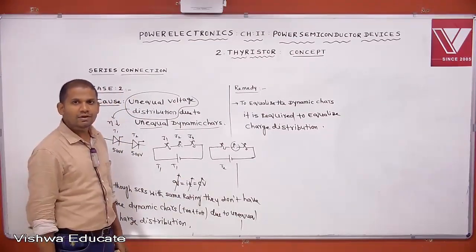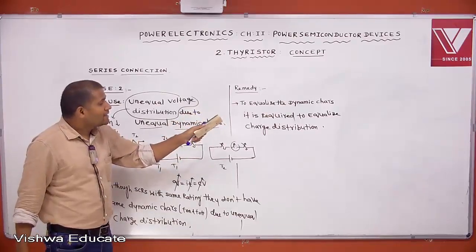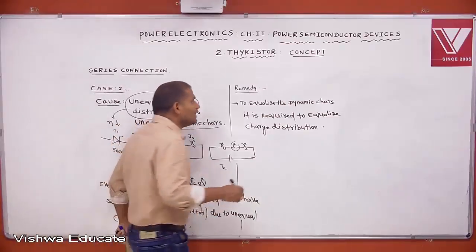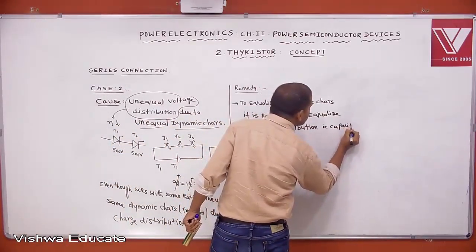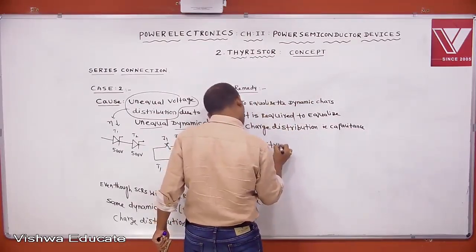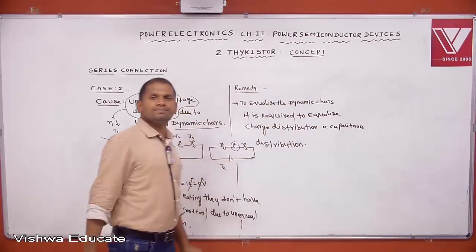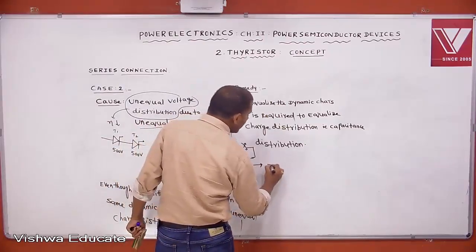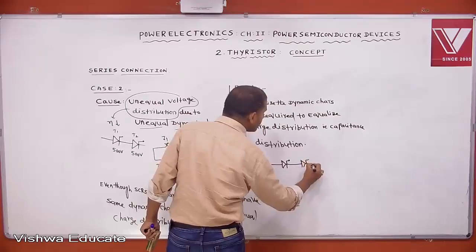That means to equalize the dynamic characteristics, it is required to equalize the charge distribution, which is indirectly the capacitance distribution across the junction. Now how to equalize? Let us consider n number of SCRs connected in series.